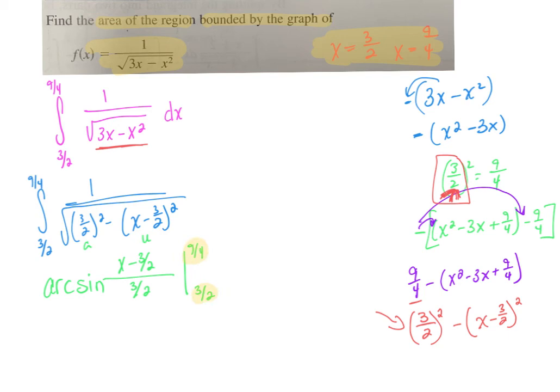So I'm going to plug in a 9/4 minus 3/2 over 3/2. So I'll say the arc sine of 9/4 minus 3/2 over 3/2 minus the arc sine of 3/2 minus 3/2 over 3/2.